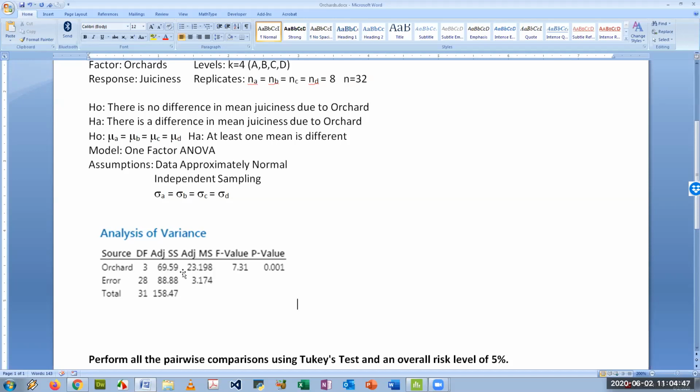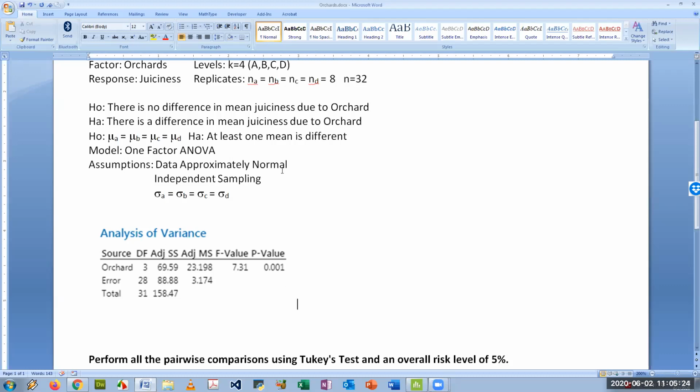And you can see here that we got 31 total degrees of freedom, which is the sample size 32 minus 1 is 31. 3 degrees of freedom for the orchard, because that's k minus 1, 4 levels minus 1 is 3, and then the difference to get the degrees of freedom for the error. And then the sum of squares divided by the degrees of freedom is the mean square, and mean square orchard divided by mean square error is 7.31, which has a p-value of 0.001. So that's an F distribution with 3 and 28 degrees of freedom.